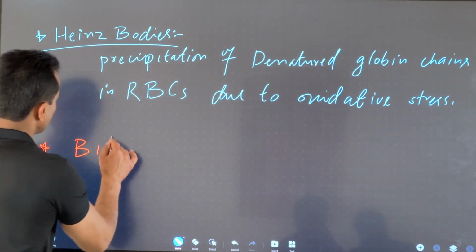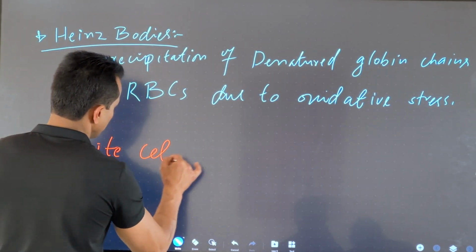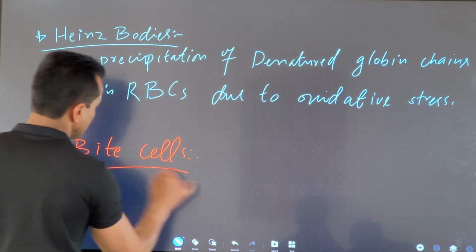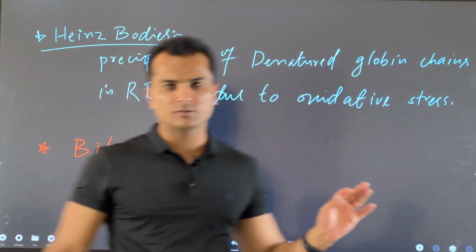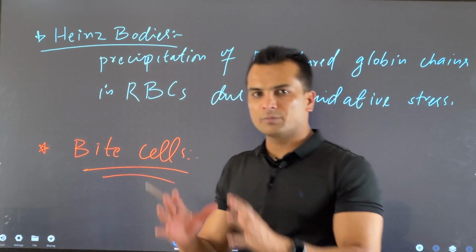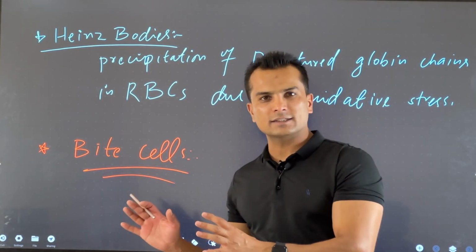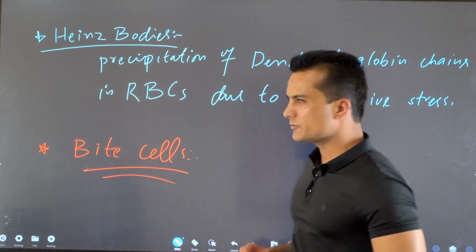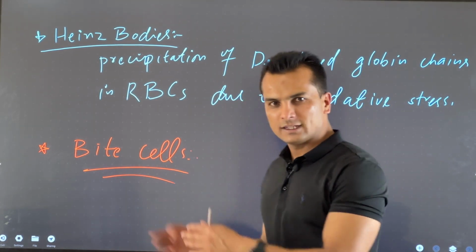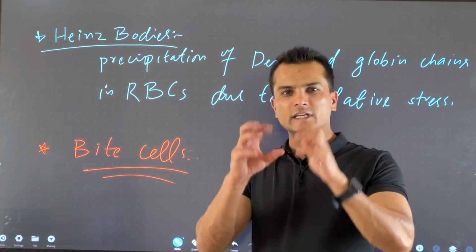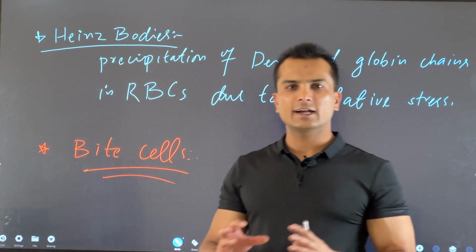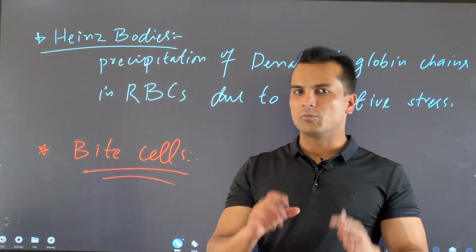This is also sometimes asked: what is the concept of bite cells in G6PD deficiency anemia? Splenic macrophages try to clear the debris deposited in the form of denatured globin chains, so they give a bite in the red blood cells, and the red blood cells take a shape like bite cells.